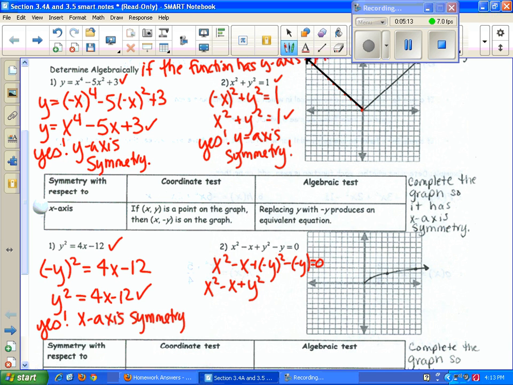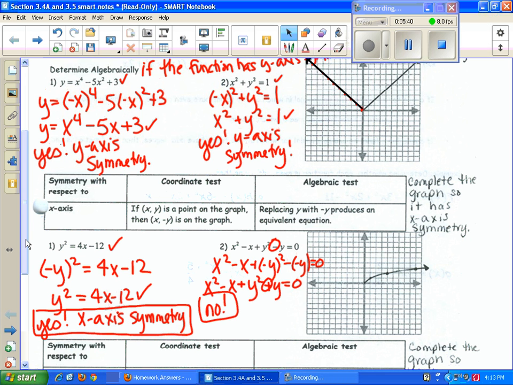And then now I have y to an odd power, which means negative negative becomes positive y equals 0. Because this is a negative and this is positive, that means that we did not get an equivalent equation back, so this does not have x-axis symmetry. And this one does have x-axis symmetry.